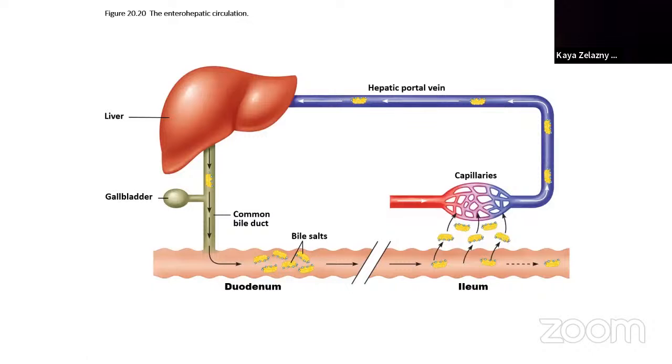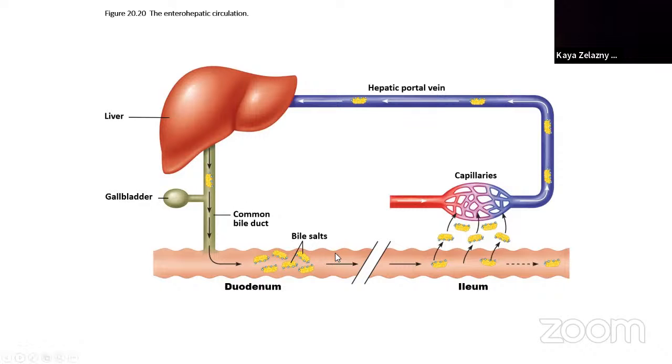Ultimately, we do recycle some of the things that we've been using to digest our fats. Specifically these bile salts, right? The bile salts have been coming through the common bile duct into the duodenum. They've helped us break up our fat droplets into smaller little globules.